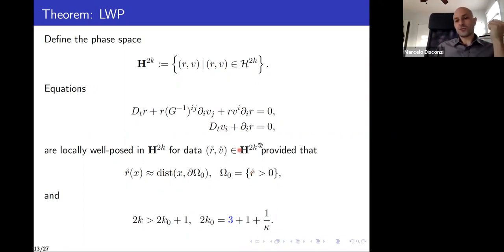Moreover, the regularity is not arbitrary, but you need to have regularity which is half a degree above scaling, right? So remember, you have this critical scaling k naught. So this inequality is telling that this is going to hold when k is greater than k naught plus a half.